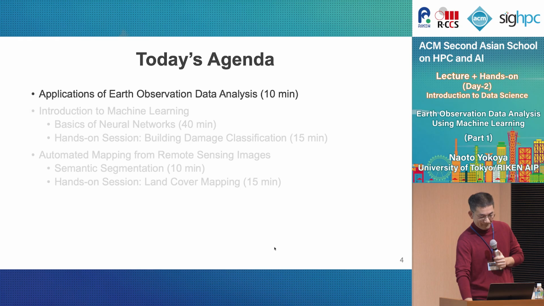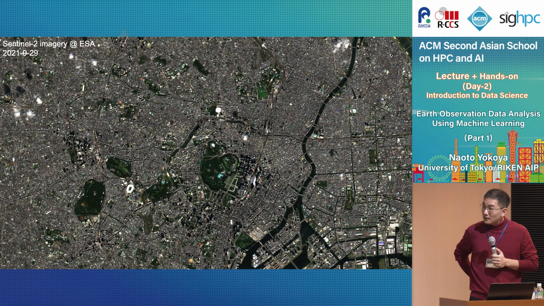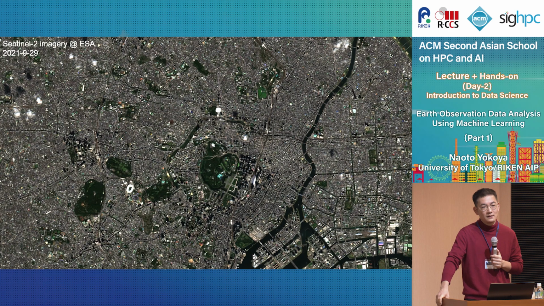So let me start from Earth observation. Here is Sentinel-2 satellite imagery. Sentinel-2 is a very nice optical satellite operated by the European Space Agency. They made a very nice policy and released the data for free.